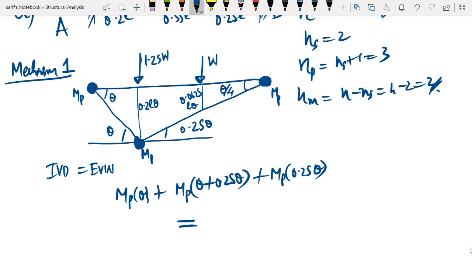This is equal to the work done by the external loads, that is 1.25 W multiplied by 0.12 theta plus W into 0.0625 L theta.